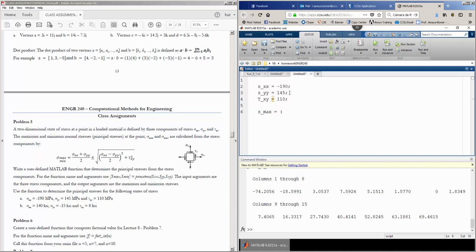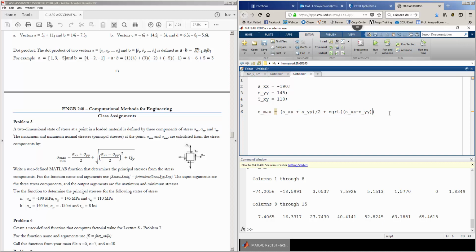Okay, and now notice that we're going to find that sigma max according to the equation. So according to the equation, we have sigma xx plus sigma yy divided by 2, plus a square root, and then inside here we have sigma xx minus sigma yy.